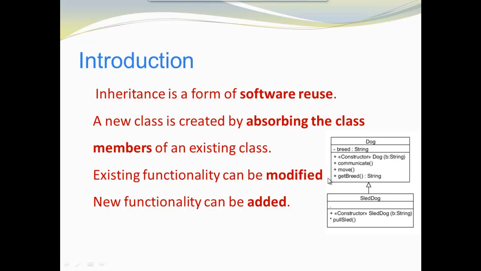We don't have to redeclare all those common features over and over again. We can absorb them from the parent class, from the class we're inheriting from. And in our particular case, we don't modify any functionality, but we do add functionality. We add an extra operation called pull sled, because my sled dog knows how to pull a sled.